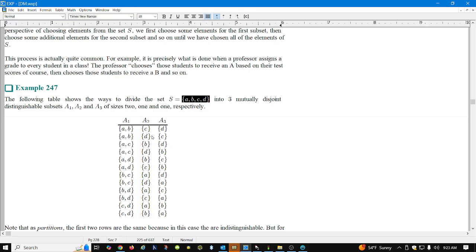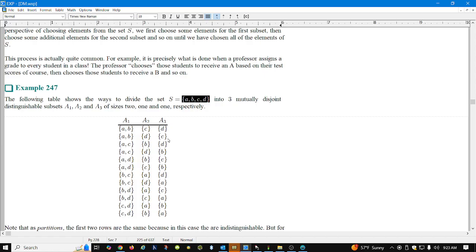Now, if you look at the first two rows, we have A1 is AB, A2 is the singleton C, A3 is singleton D. In the second row, A1 is the same, but I've interchanged A2 and A3. These are distinct subsets of this division, a number of ways of dividing S into three mutually disjoint subsets.